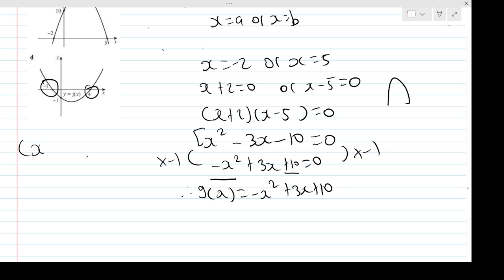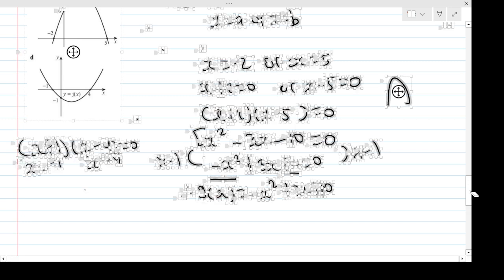So we're going to have x plus 1, x minus 4 equals 0, which are going to be our two factors, right? Because then we set each bracket to 0, and you get x is -1, which is this root here, x is 4, which is this root there. So we're good. Then we can work backwards and expand it to get a quadratic expression.